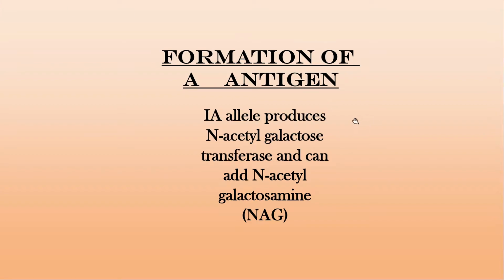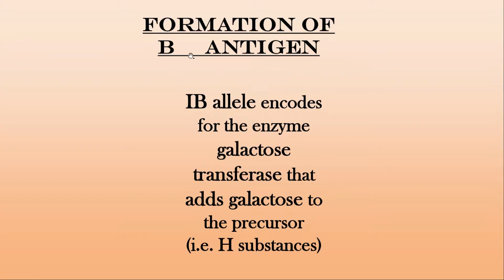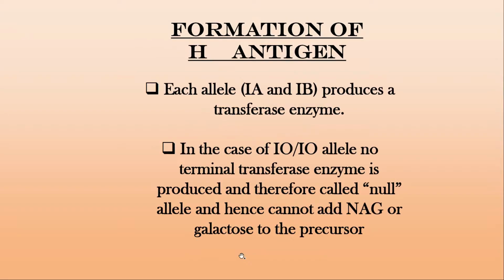Formation of A antigen. So the IA allele produces an enzyme which is called N-acetyl galactosamine transferase, and it can add N-acetyl galactosamine, which we call in short NAG. In the same way, if the person is having B antigen, the IB allele encodes for the enzyme galactose transferase, and it adds galactose to the precursor to form the H substance.